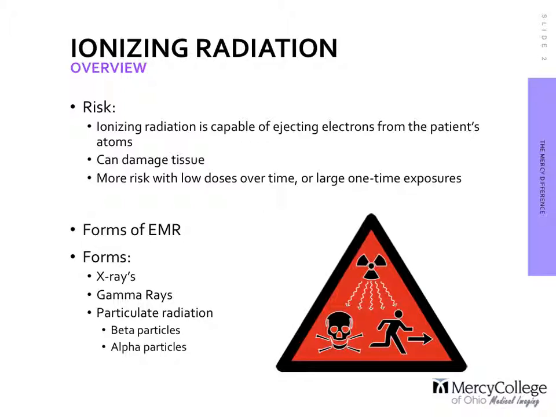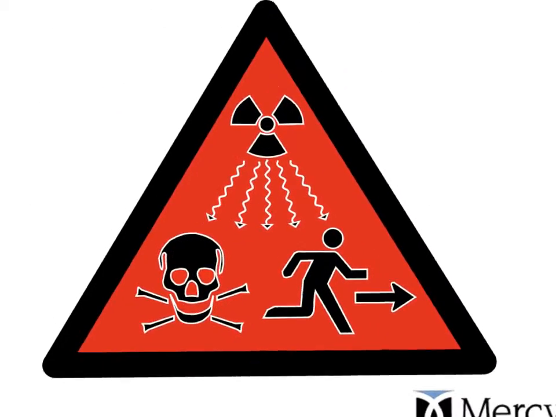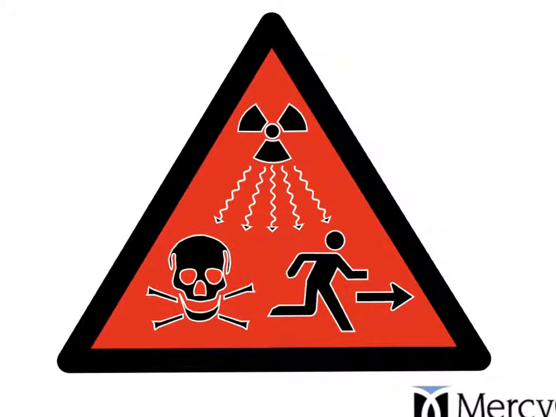One particular symbol that you may not be aware of is this symbol here, a little bit terrifying to say the least, with the skull and crossbones and the man running feverishly away from the radiation source. But it is considered to be the international symbol of radiation. This was launched in 2007 by the IAEA, and it's intended to not be displayed on a wall like our traditional radiation symbols, but to be placed on the housing of the source, just as a warning not to dismantle the device.